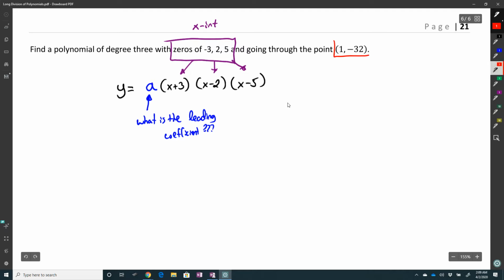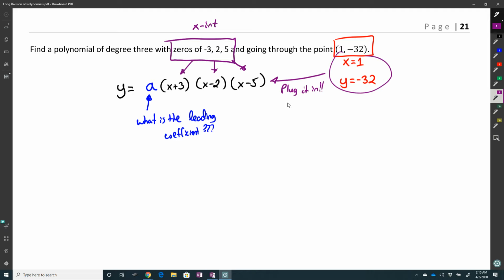Notice that this point says that x equals 1, y equals negative 32. Well, we're just going to get that, and I'm going to plug it in. That's it. That is all you got to do. So if I plug it in, I get negative 32 equals a.